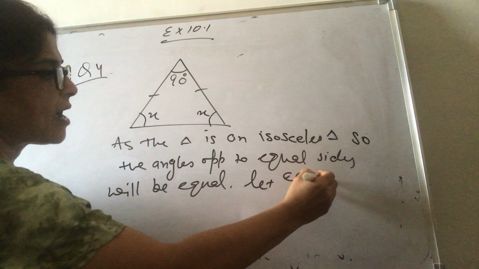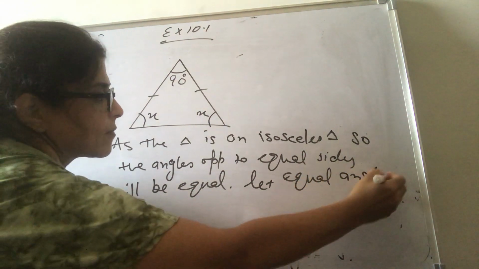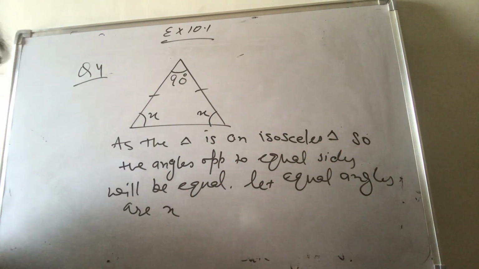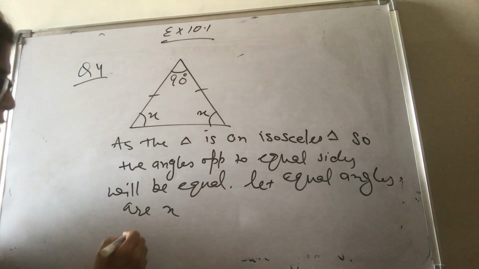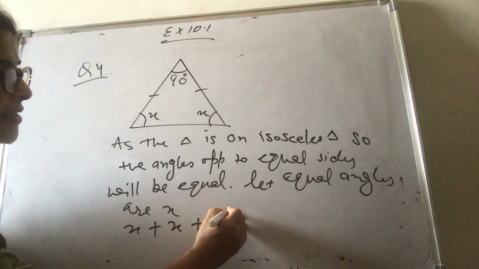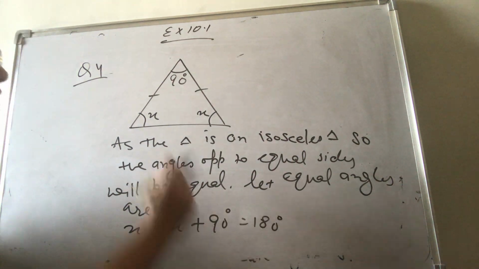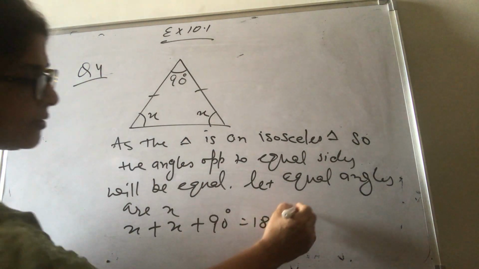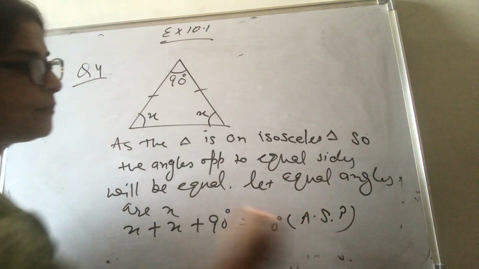Let equal angles are x. Now we will use angle sum property. X plus x plus 90 degree is equal to 180 degree. That 90 degree angle is given to you in the question, and we will write here angle sum property.